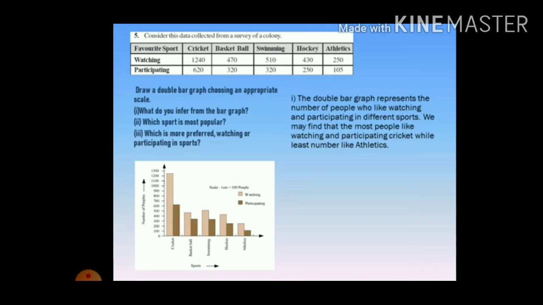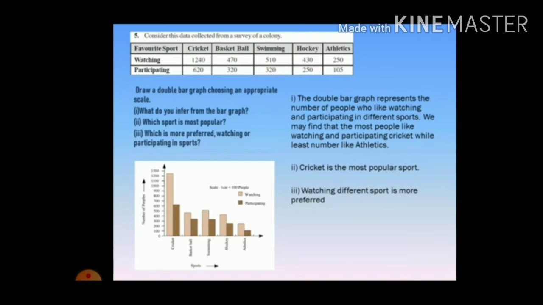You have already seen that the most popular sport is cricket. So the answer of the second part is cricket. Now the third part says which is most preferred, watching or participating in sports. Yes, watching is more preferred than participating. That's what you infer from the data.